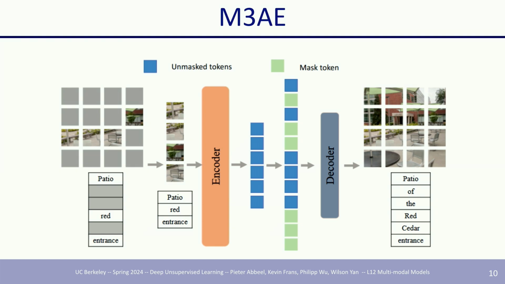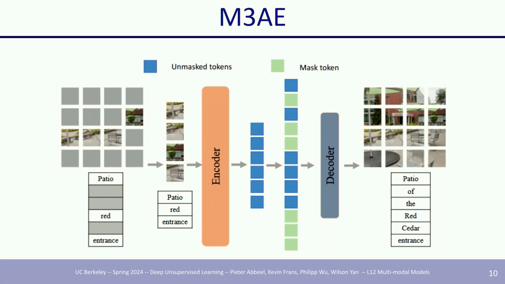M3AE was just that plus text as well. So it's like MAE plus BERT, I guess, where you also mask out the language tokens, same architecture style, but now your input to the encoder is just the concatenated unmasked image and unmasked text tokens, and then you try to decode the entire text-image pair modality there.